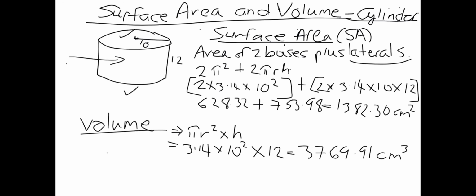So let's look at the surface area and volume for a cylinder. Here we have the figure, where the height is 12 and the radius is 10.